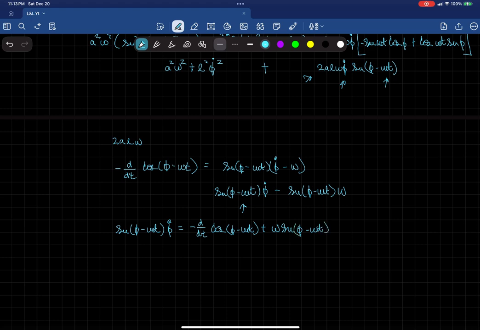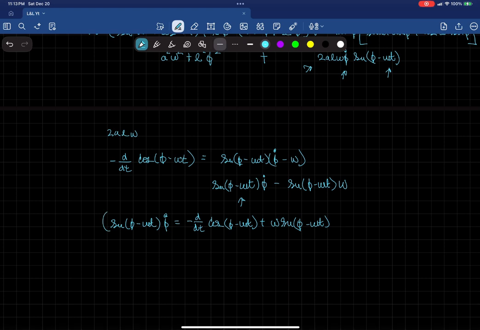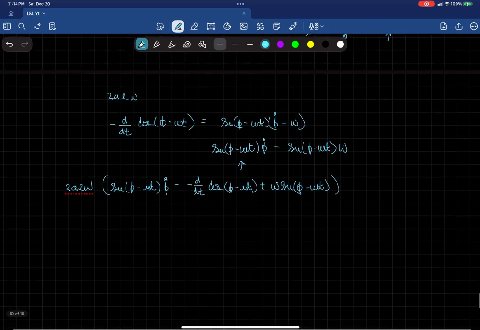And if I multiply all of this again by my 2 a L omega, then we have exactly the term we needed up above. So now I can completely write my total Lagrangian.